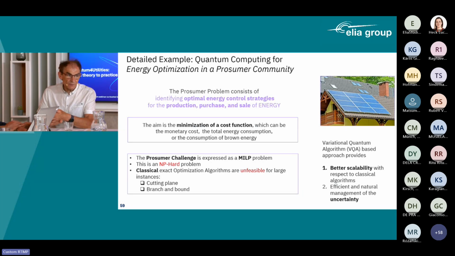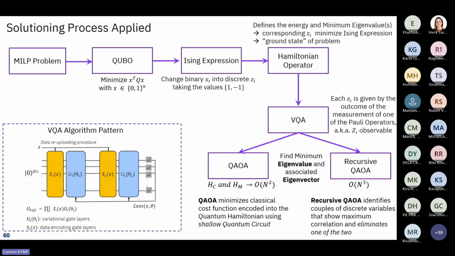So it's an approach to tackle uncertainty. Let me now come back a little bit to this VQA, variational quantum algorithms, and you find that on the next slide, on the left-hand side on the bottom, you see the pattern of such a VQA algorithm. You see an orange and a blue set of quantum instructions.